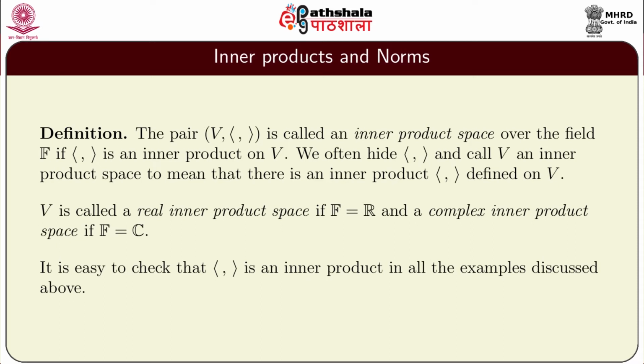What is important here is that if the base field F is not the field of real numbers, then we cannot say that the inner product is homogeneous in the second variable for a fixed x, because it is not c that comes out, it is c bar that comes out of the inner product. The third part of the statement says that the inner product x comma the 0 vector is equal to the inner product of the 0 vector comma x, and that is 0.